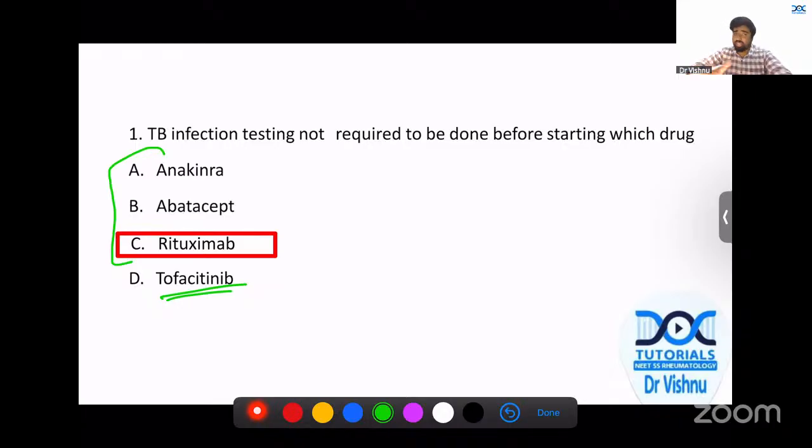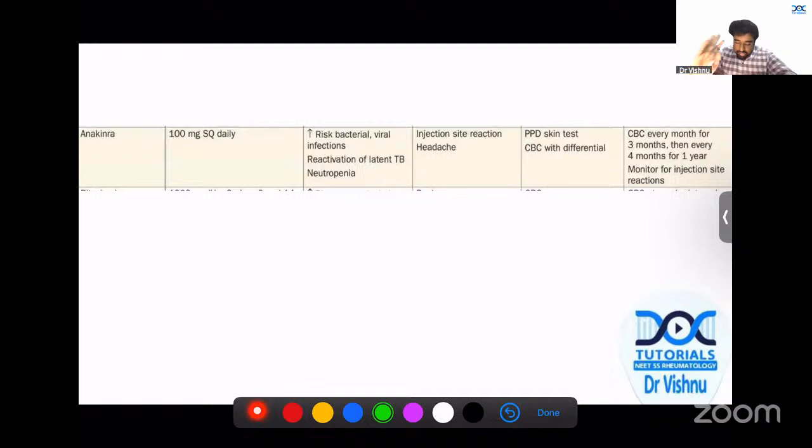It causes hepatitis B reactivation, we all know that, but not latent TB reactivation. Again, there are certain strong papers, not all papers. Some papers show that it also causes some reactivation, and there are some case reports as well. But most strong papers show that rituximab is not causing latent TB reactivation.